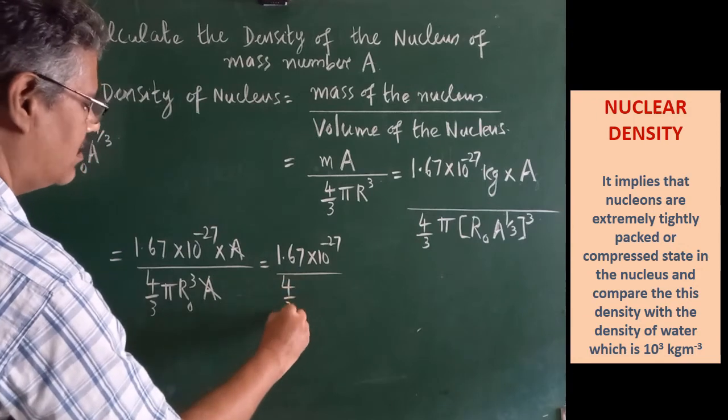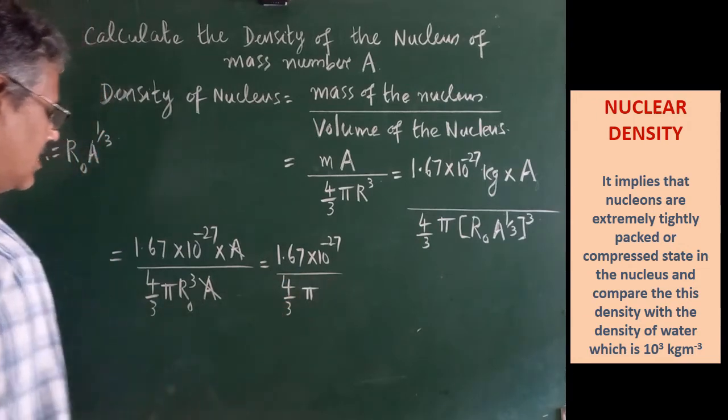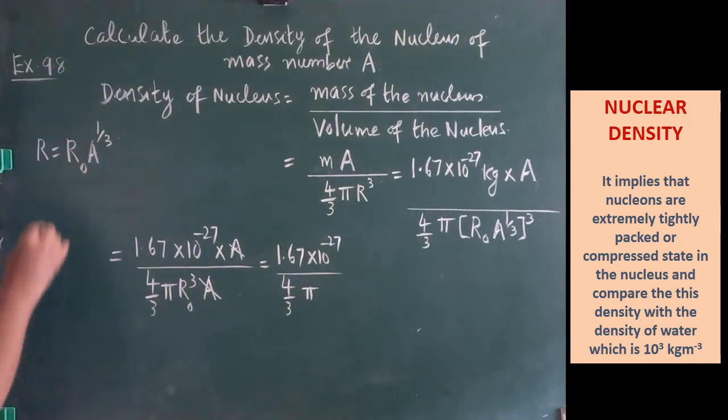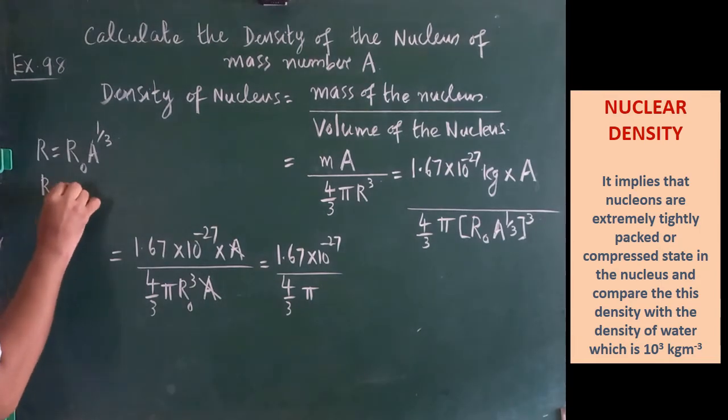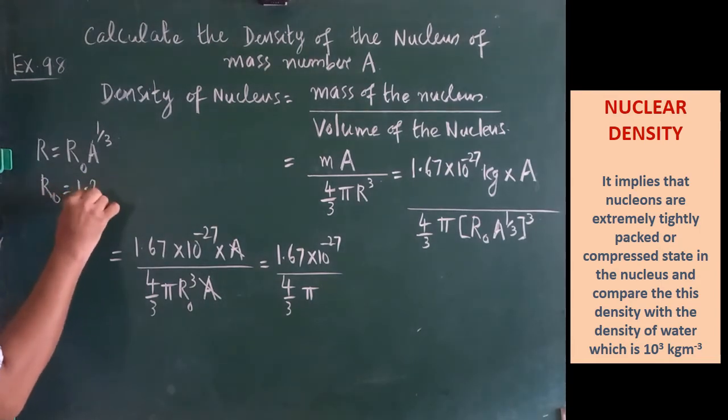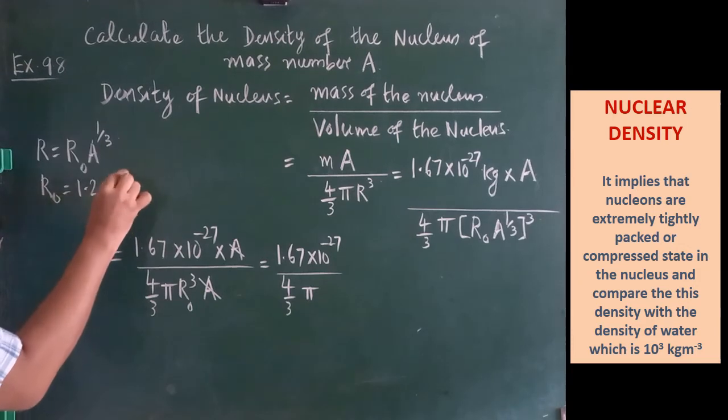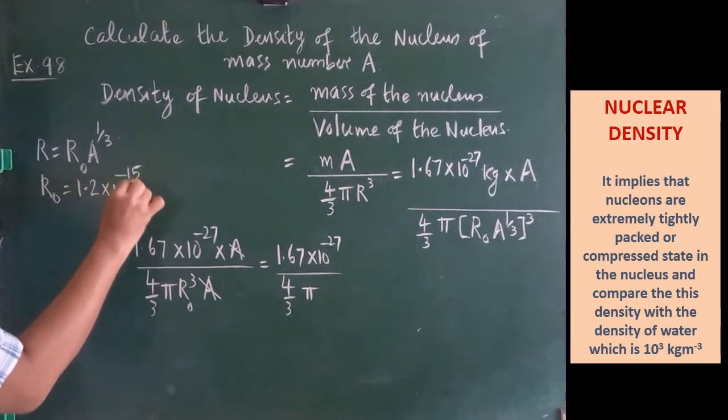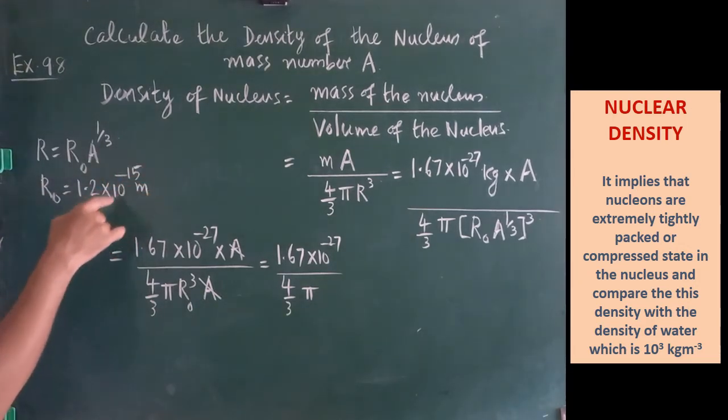4/3 pi. We know very well that the R naught value is 1.2 into 10 to the power of minus 15 meter, that is, 1.2 Fermi.